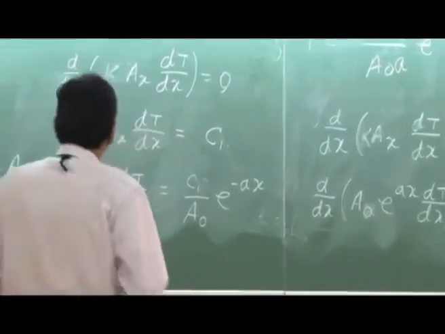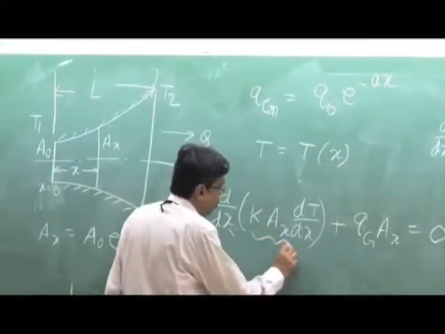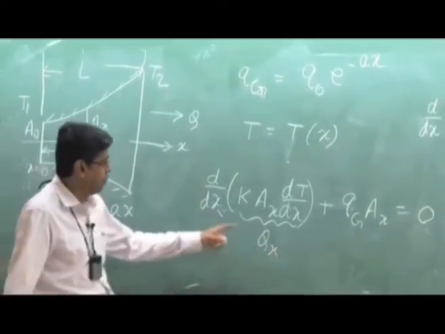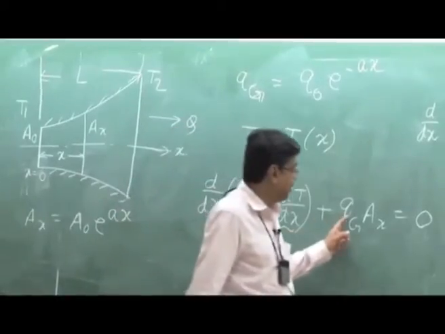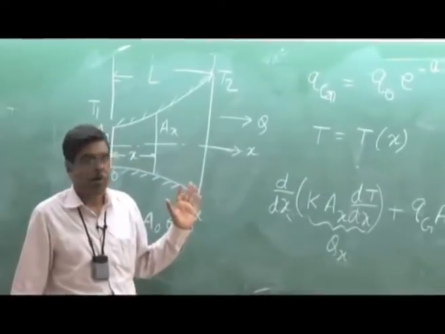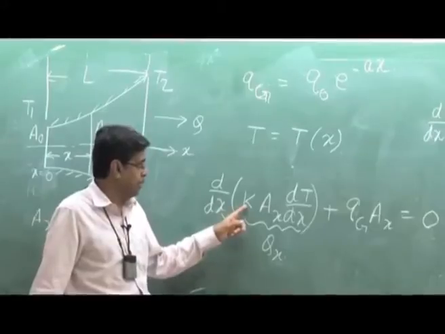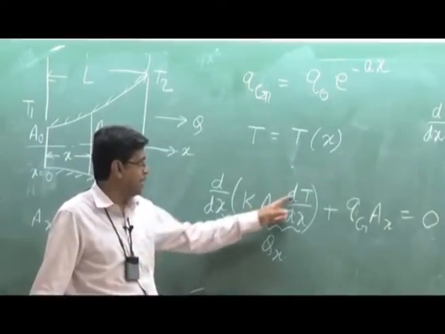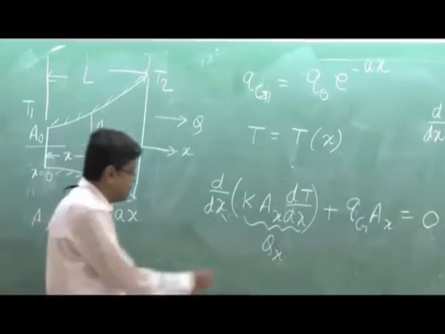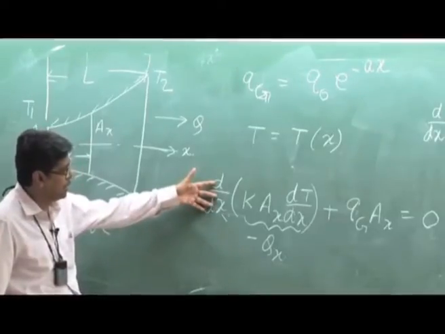Therefore, be sure that you write the general expression d/dx of Qx plus Qg Ax is 0. That is your equation for variable area and variable thermal conductivity, and Qx is minus K Ax dT/dx. If you have to find the temperature distribution, you write in this fashion.